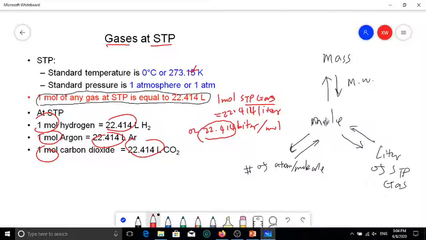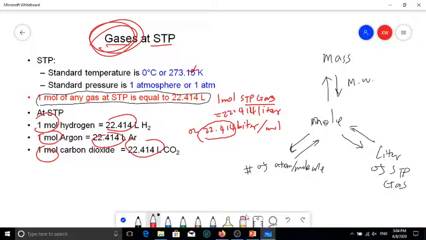So every 1 mole is 22.414 liters, or you can convert how many liters is how many moles. It's like a molar volume for gas, but don't overapply this, it's only for gas. Doesn't matter what kind of gas, but it has to be gas. You cannot deal with liquid or solid or aqueous solutions using this 22.414 number.